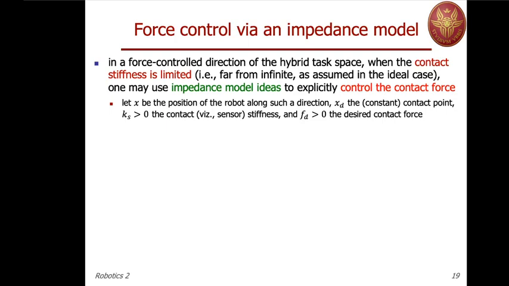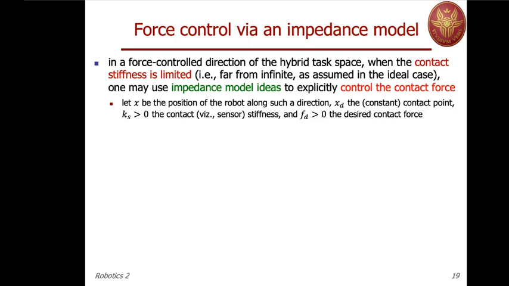Then we have seen that there's an equivalent single spring stiffness that we can consider in place of the series. So typically here we assume that, for instance, Ks is the sensor stiffness or whatever we have in that direction, and we know usually the sensor stiffness, so this is more convenient. Otherwise, we have to estimate something here. And Fd will be the desired contact force in that direction.